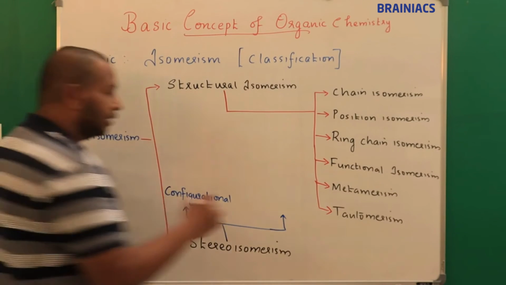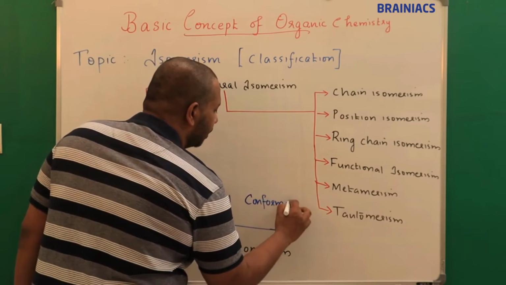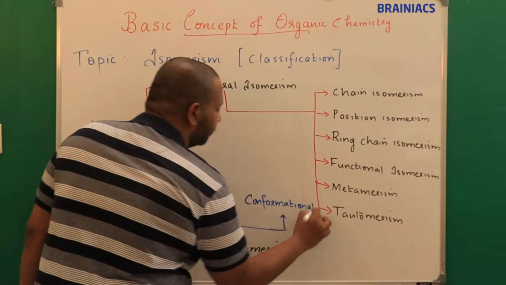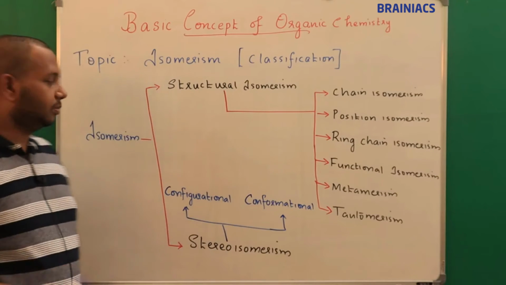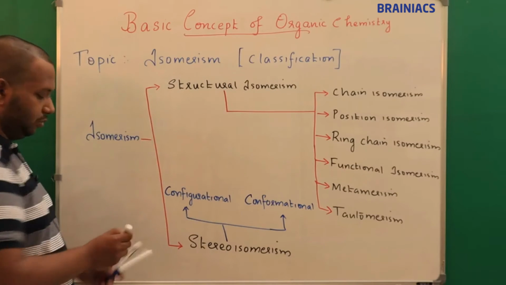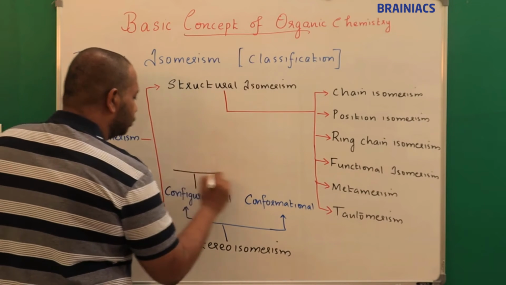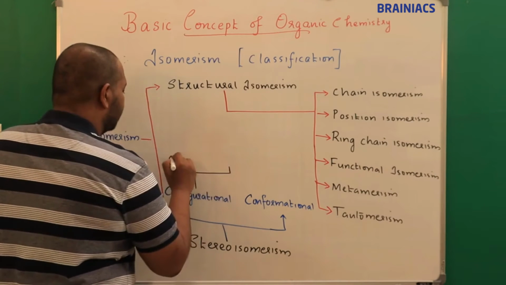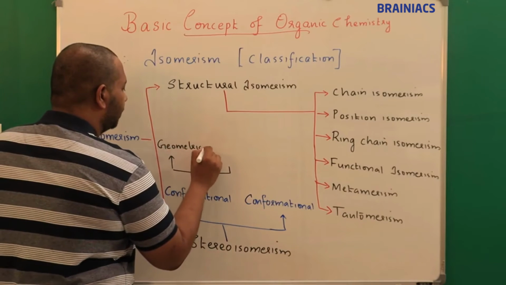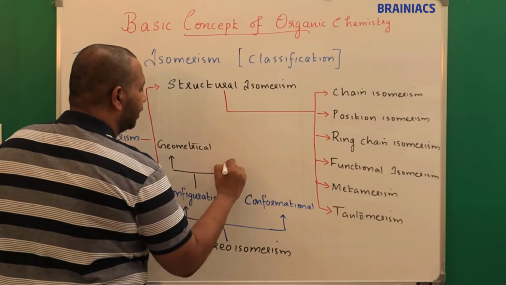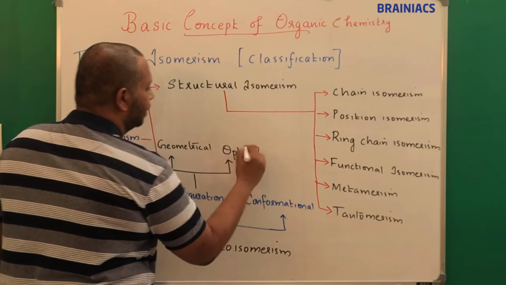The other one is called conformational stereoisomerism. Configurational isomerism is further classified into two. One is called geometrical isomerism, and the next one is optical isomerism.